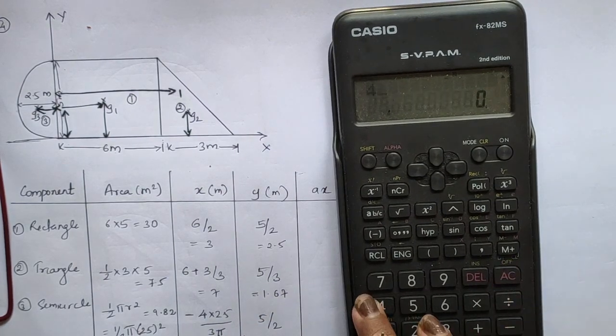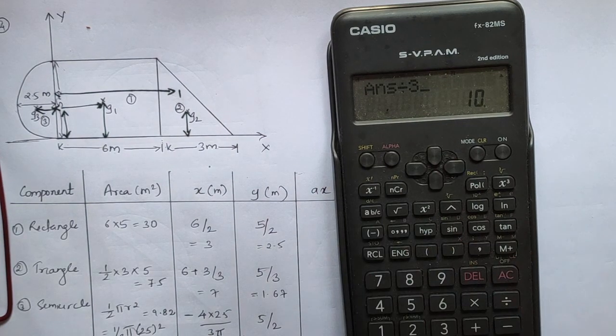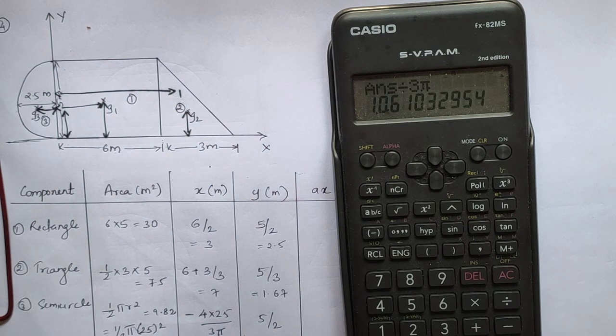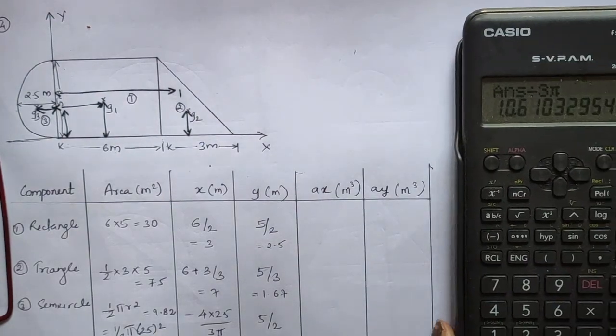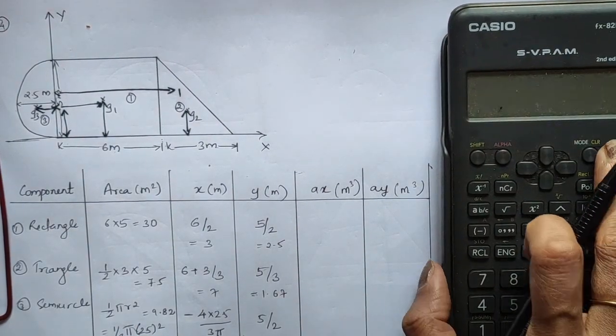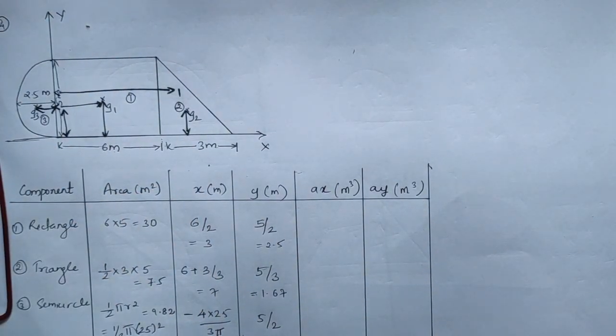This is 2.5 divided by 3 pi, that is 1.06, but negative. Okay, so you got all the answers there. Now you just have to multiply and find out the value of Ax, Ay and everything. So I'll just write the answers directly.